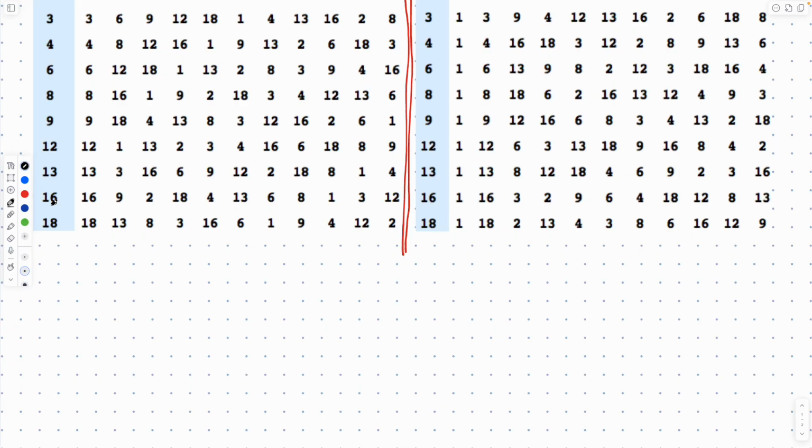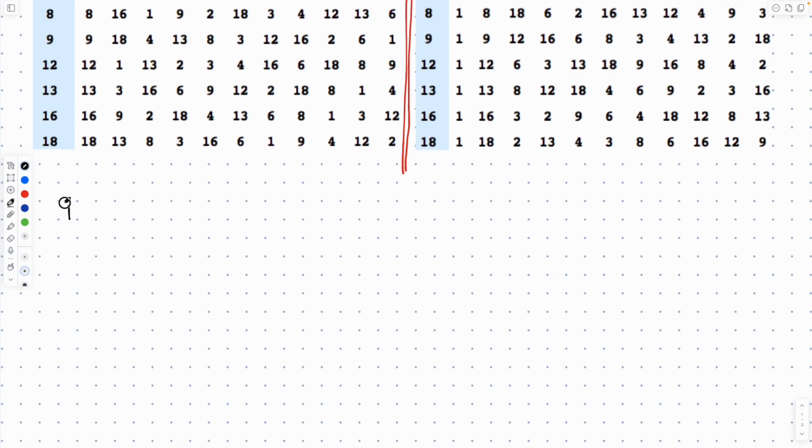Okay, so the questions are pretty easy. The first question I'll ask you is, say I write down an equation like this: y equals a times x mod p. And all the numbers y, a, and x are in GQ, so we're just talking about numbers that are in this table.